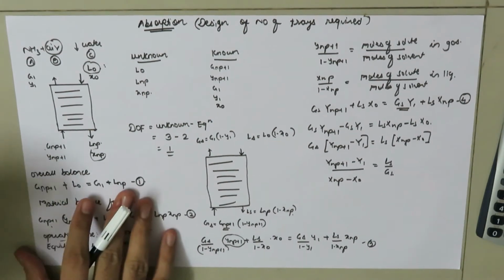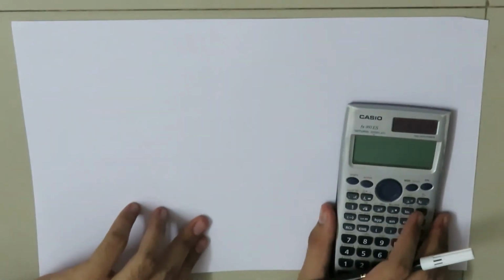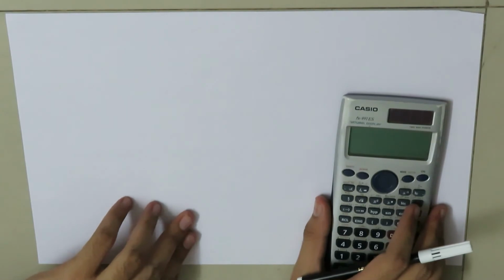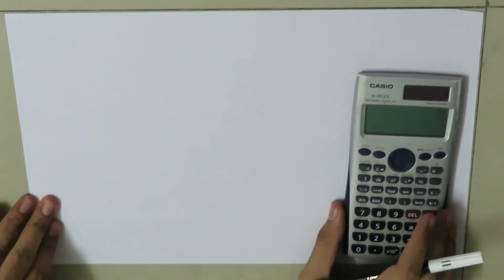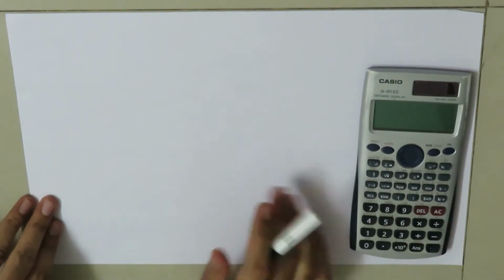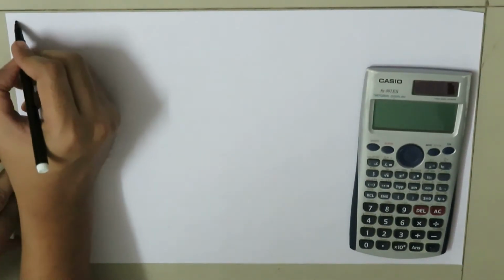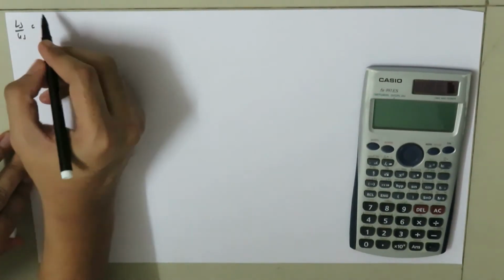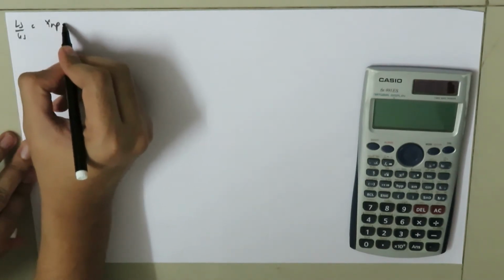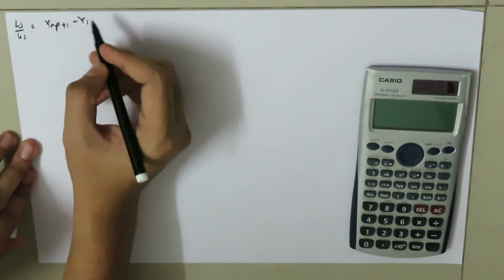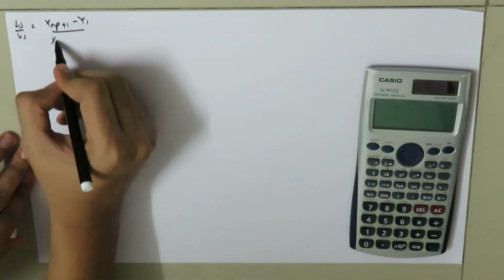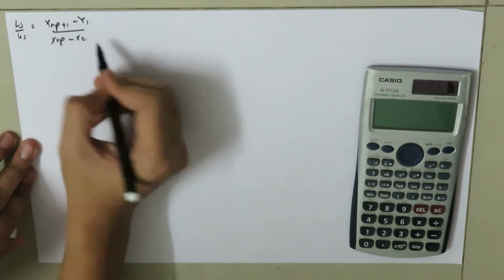And now we are going to draw the graphical representation of this equation. Here we got Ls over Gs is equal to (Y_{Np+1} minus Y1) over (X_{Np} minus X0).